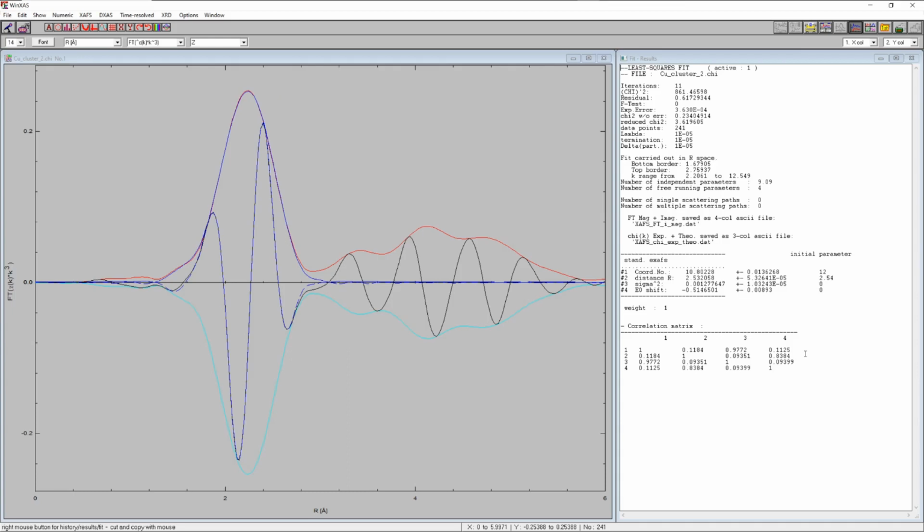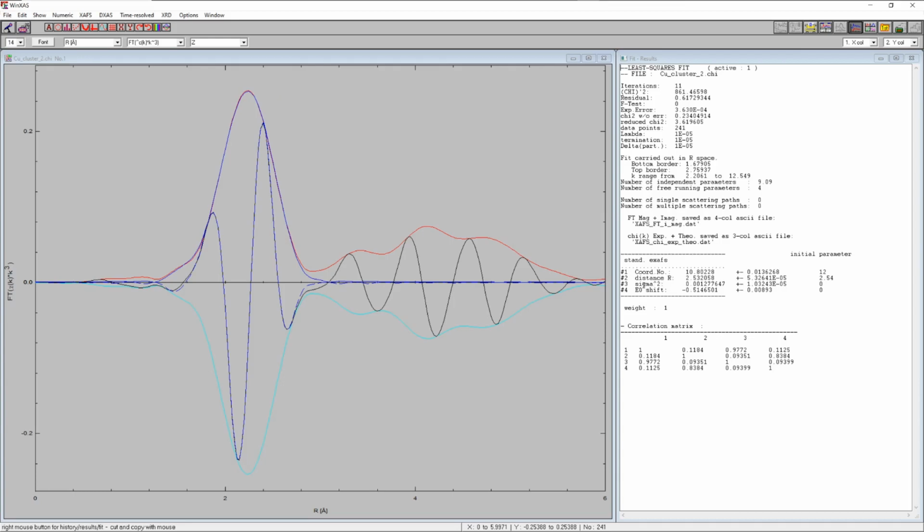Those two pairs, you need to be careful with those. Look out for correlation between those parameters in particular. So those are the results.